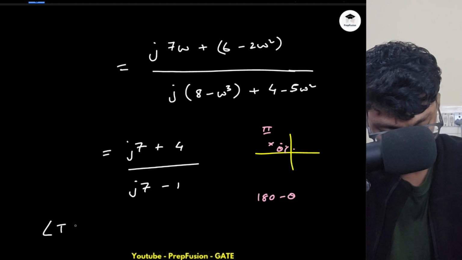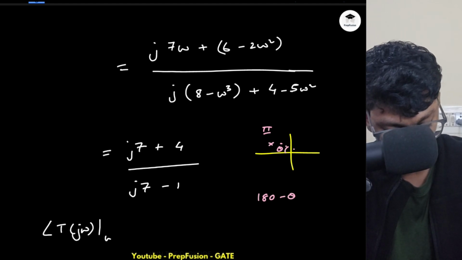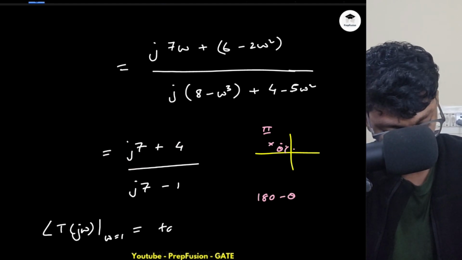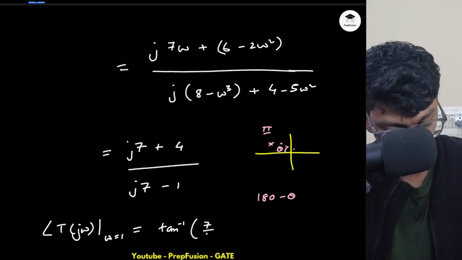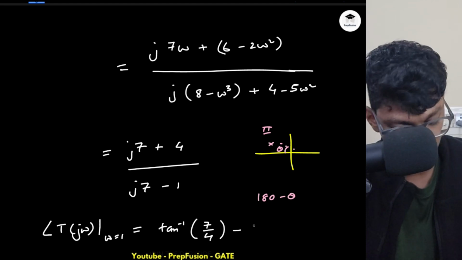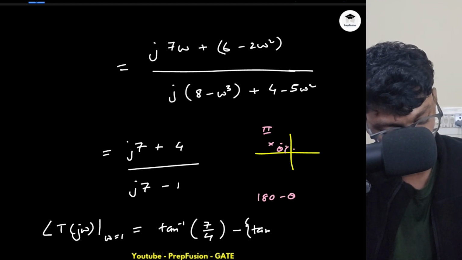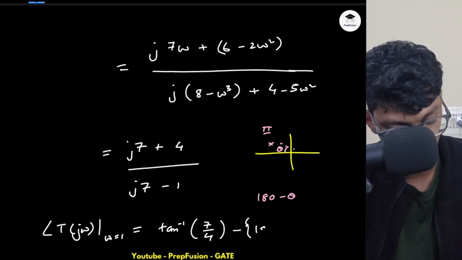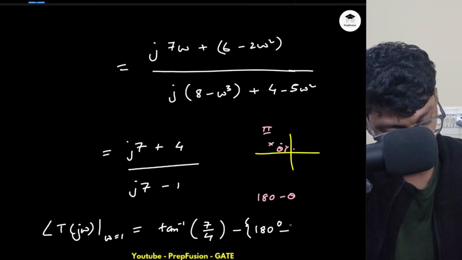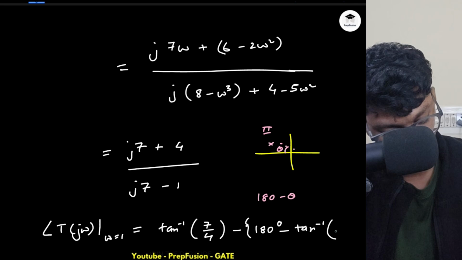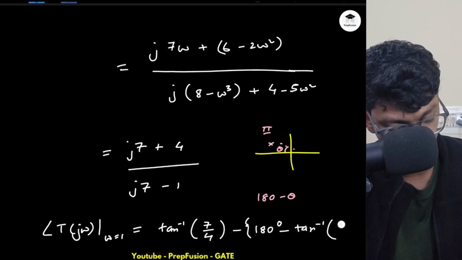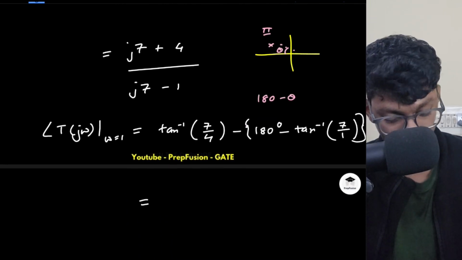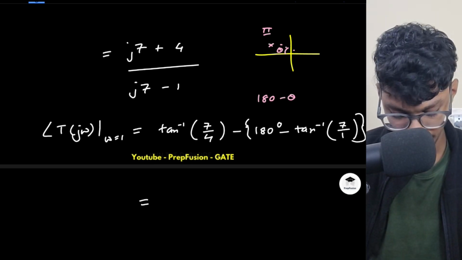So the angle of T of j omega at omega equals 1 is tan inverse of 7 by 4 minus, as this is in the denominator, 180 degrees minus theta, that is tan inverse of mod of y upon x, that is 7 upon 1. Now we will calculate the answer.